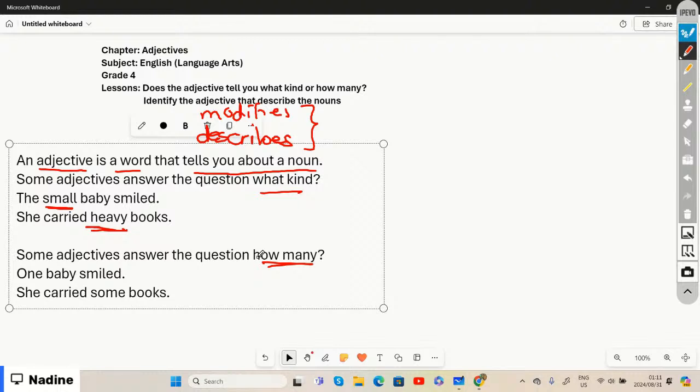So now you need to ask yourself, how many babies smiled? And then one is our answer because only one baby smiled. She carried some books. And if we would find the adjective, then some would be our adjective.